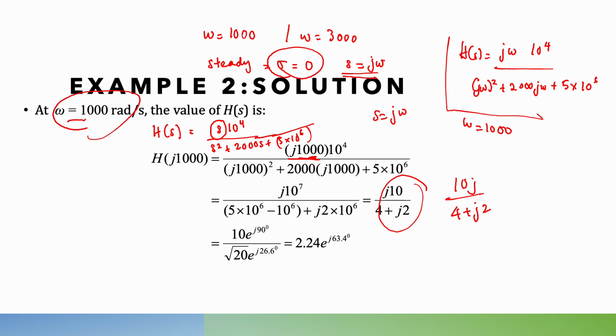We can convert this into another form, a polar form, in radians and also degrees. You can just use your calculator and you will get the final answer as such.